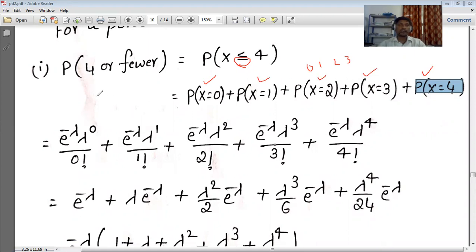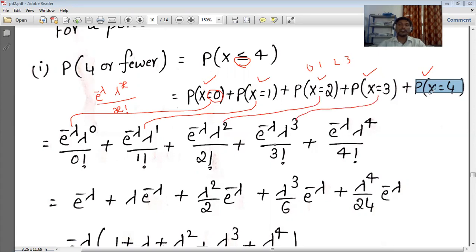For all these, we already wrote the formula, e power minus lambda, lambda power x by x factorial. So in place of x we substitute 0, then 1, then 2, then 3, and then 4.